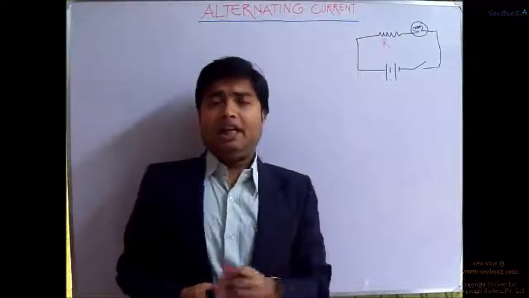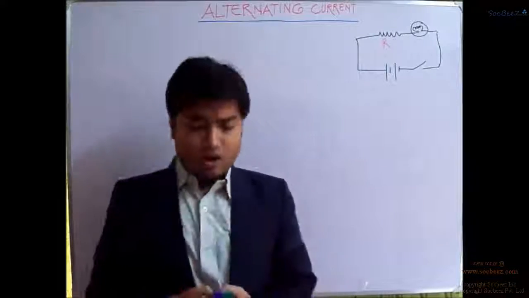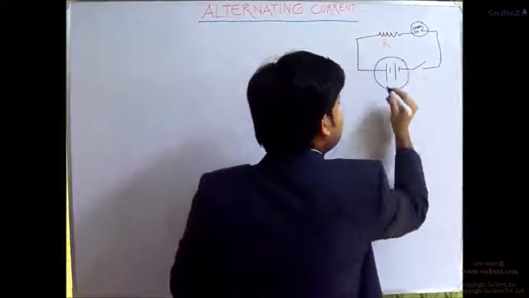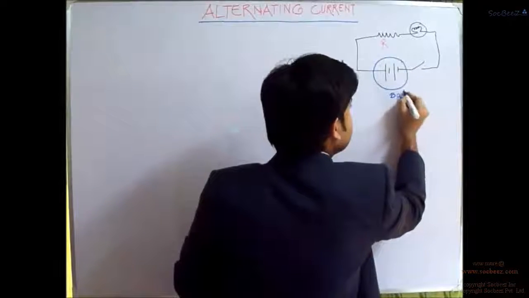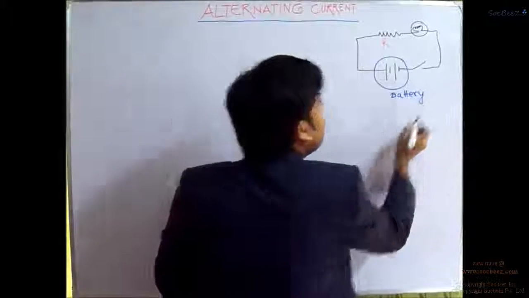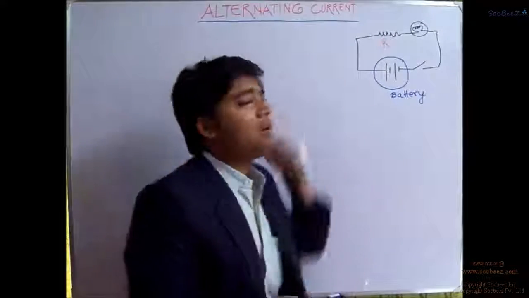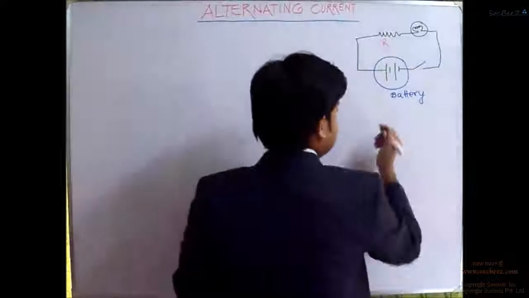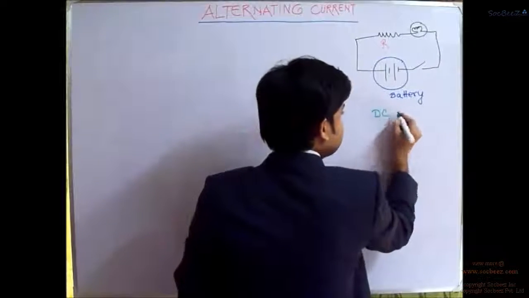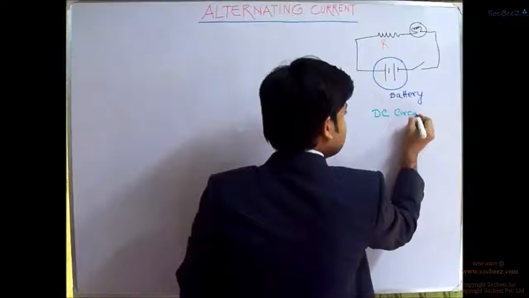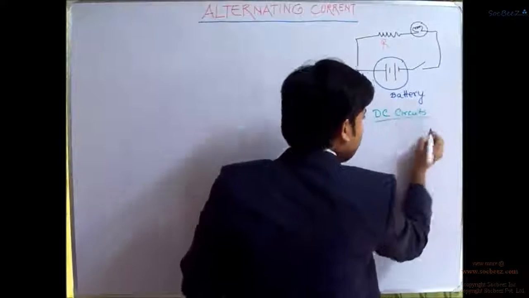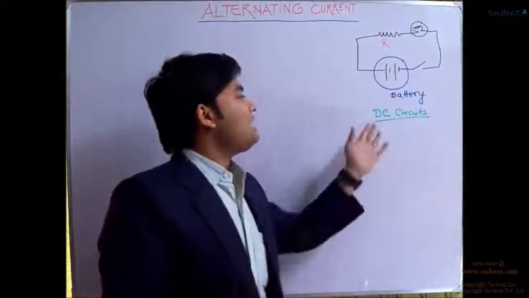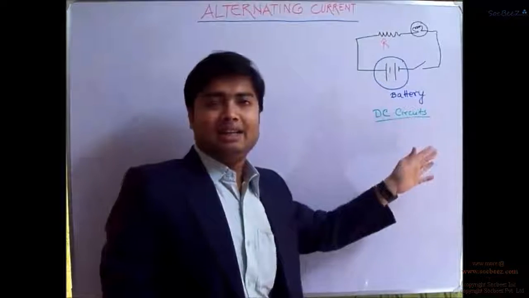This kind of circuit, where the major power supply source is the battery, we call a DC circuit, the circuit known as direct current circuit, right?